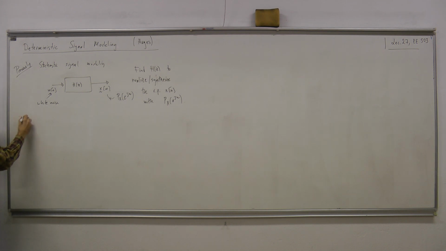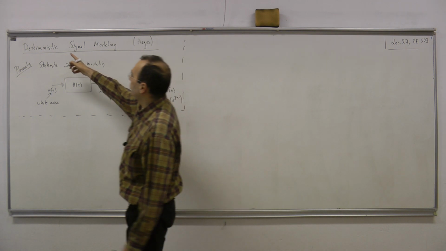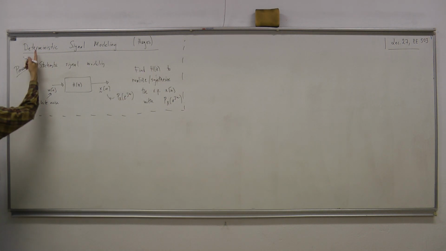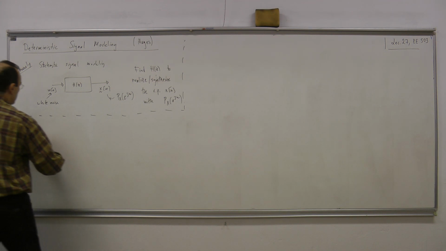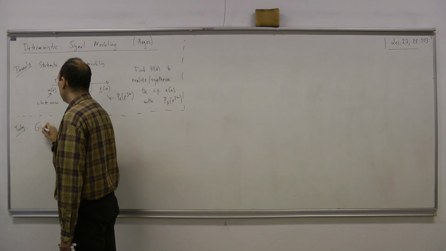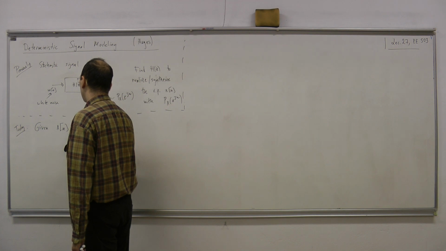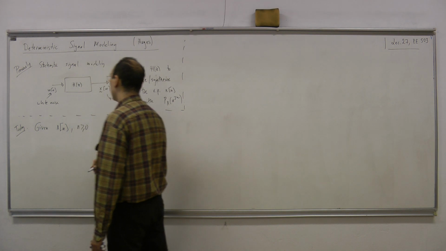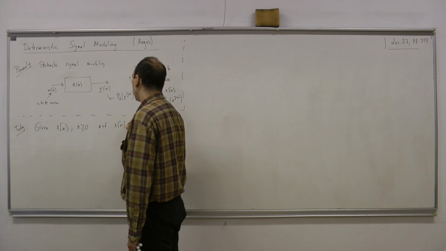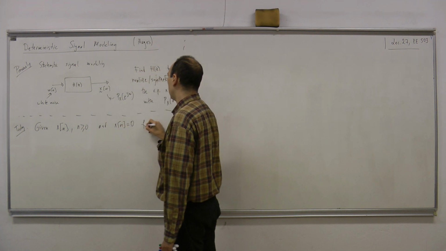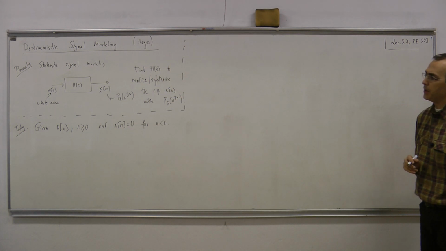Okay, many other topics. So today's topic is a related topic, but as you can imagine, this is distinct, because this is deterministic signal modeling. So let me say, we are starting with a given sequence x(n), for n greater than or equal to 0, and x(n) is assumed to be equal to 0 for negative n. Okay. So we are given that sequence.